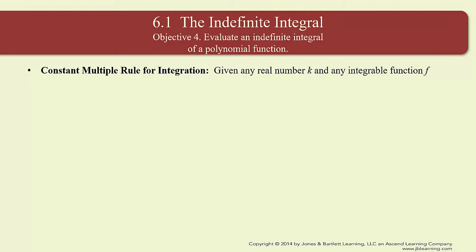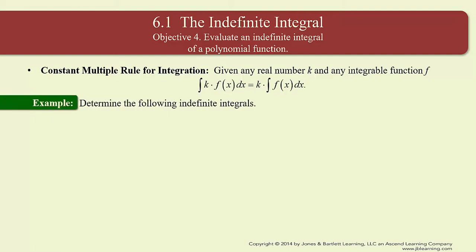So this rule says if you have any real number k and any integrable function f, when you're integrating k times f of x dx, you could rip that real number out front of the integral sign. In other words, you can rewrite the integral k times f of x dx as k times the integral f of x dx.